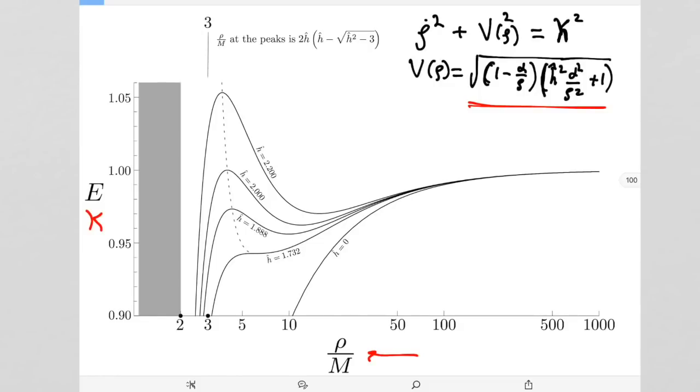And the reason is because I want something that you can kind of interpret as a radius here. Notice that this is logarithmic, right? Because to get the shape of the curve and the distance is difficult. So we have a logarithmic rho. And this is rho over m, which is not the same as rho over 2m, right? It's only rho over m, the mass of the central star.